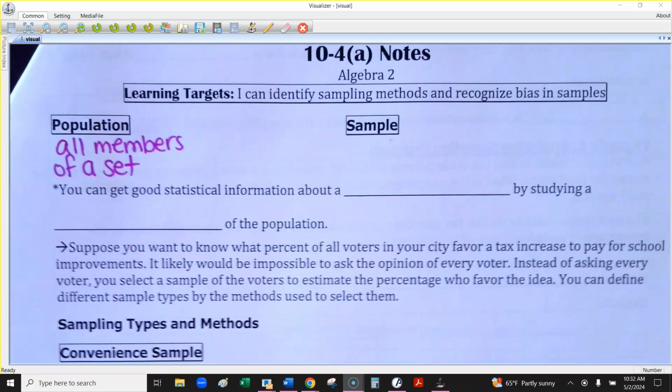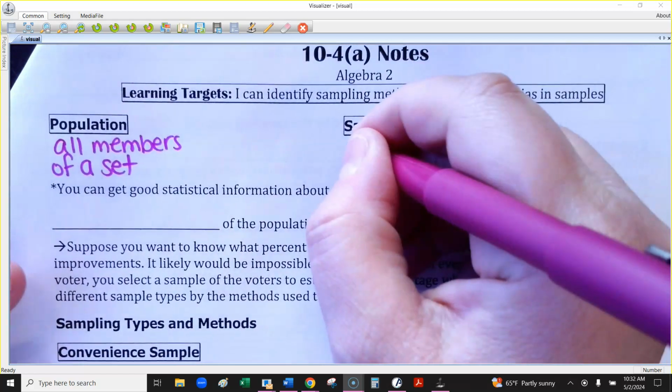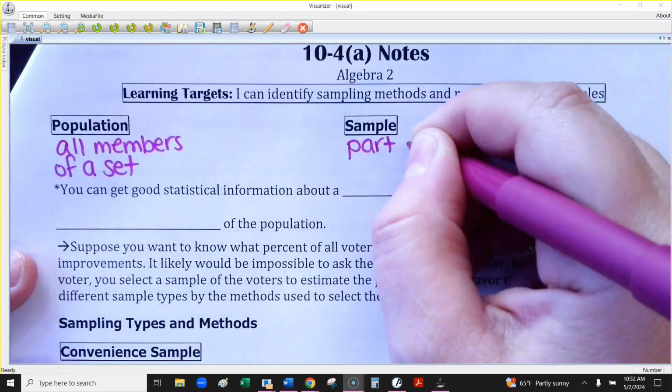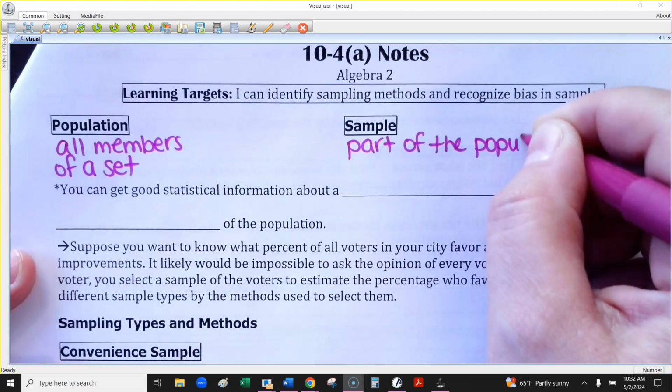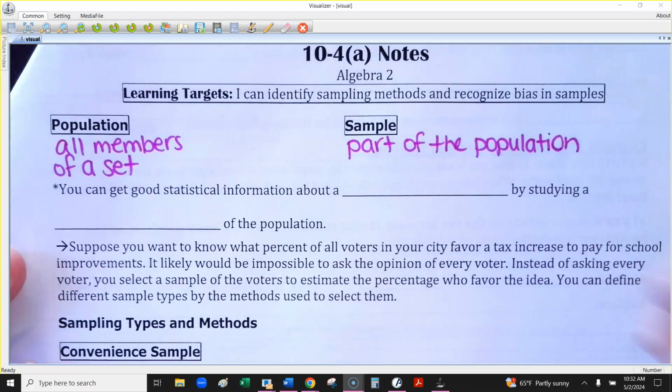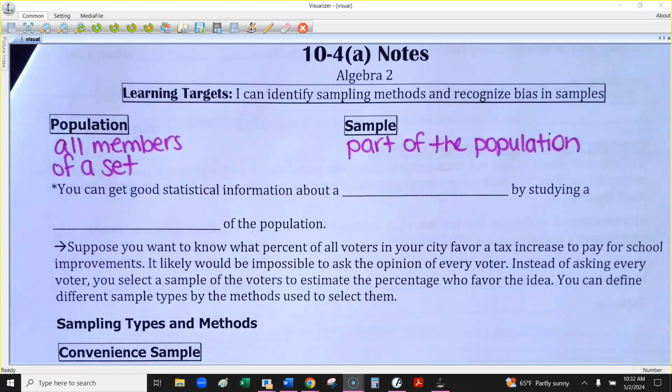A sample is going to be part of the population. If our population is all students in this school, a sample could be this class. It's not everybody in the school, but it's a group of people that are in the school.